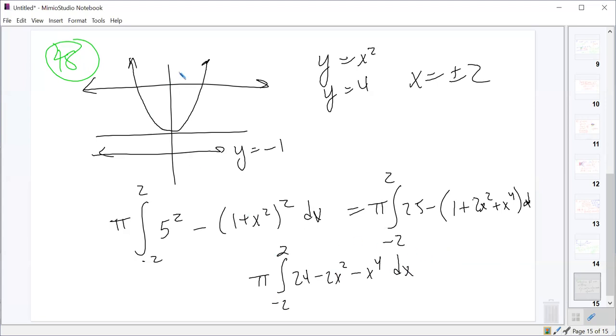Anyway, like I said at the beginning, since this is symmetric across the y-axis, you can just do 0 to 2 and then double the integral. There we go. Gosh, yeah, distribute your negative sign, or else I'll chastise you for it like I am chastising myself for that horrific mistake. Ugh.